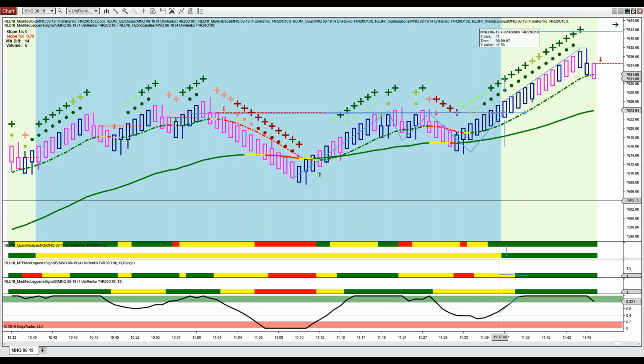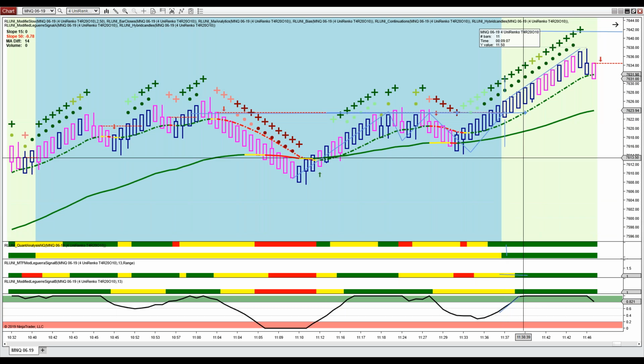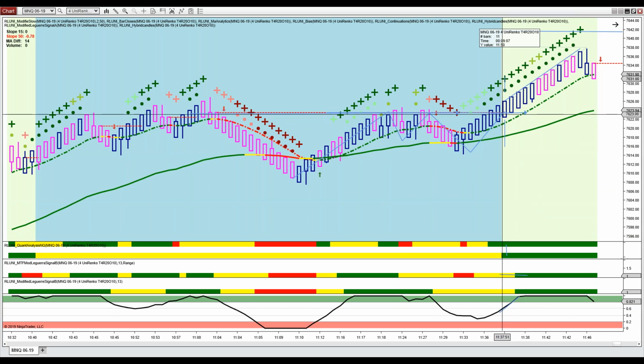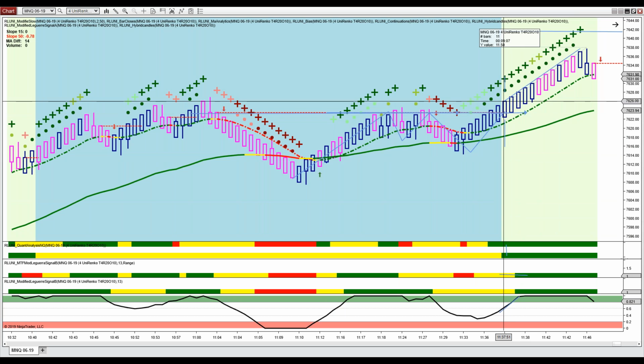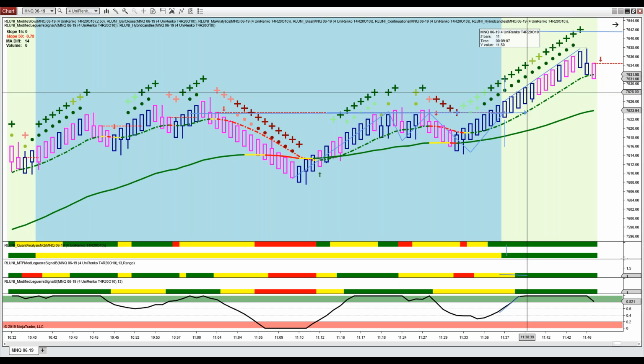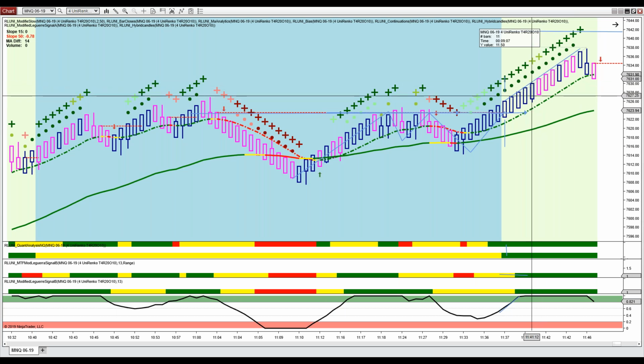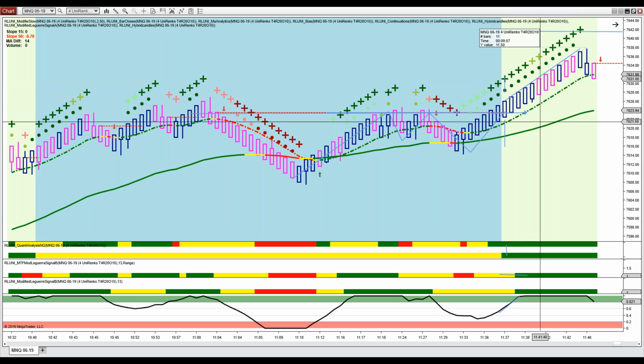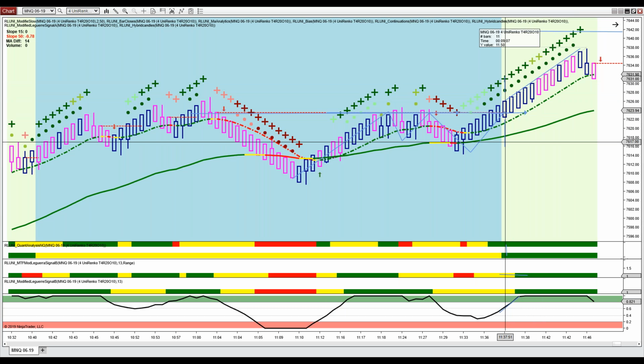Now the last thing is, if you're looking for the order flow line, the order flow line has now been transferred to the candle halo. So when the candle halo is blue, order flow is long. When the candle halo is magenta, order flow is down. All you care about is what it is like on your entry.